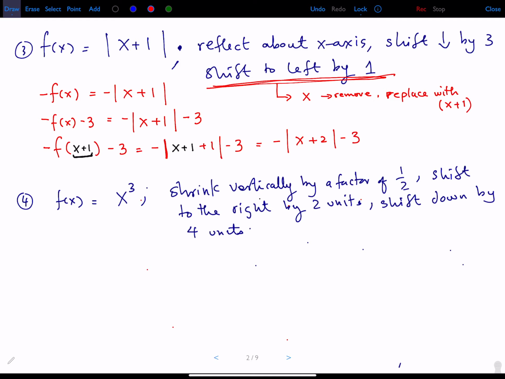So if I start off with the first one, I have my f of x, and since it's a vertical shrink, I'm going to put a 1/2 on the outside, meaning that I have 1/2 x cubed.